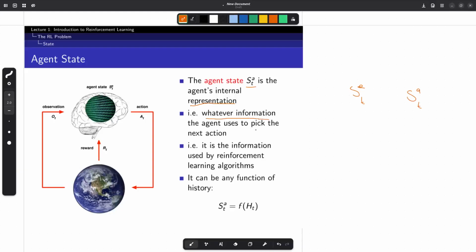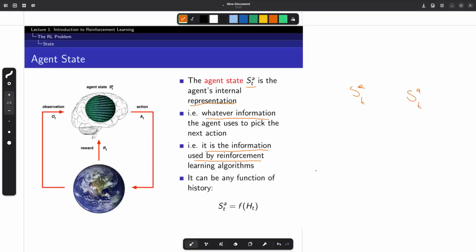And as the ones that design these agents, it is our responsibility to design this state. So it is all of the information that is used by our reinforcement learning methods to decide what happens next in the environment and what action it chooses.